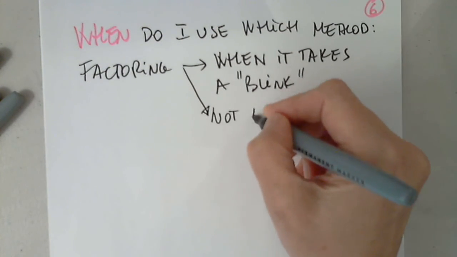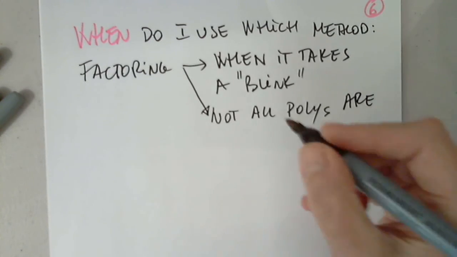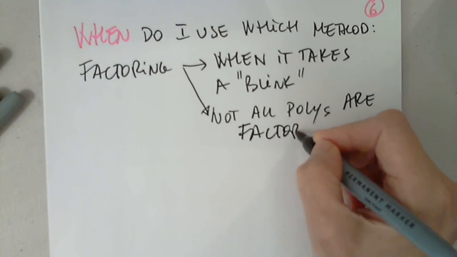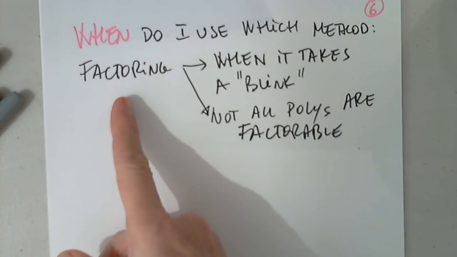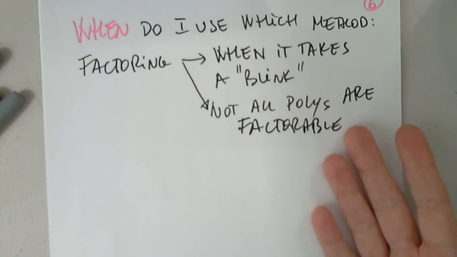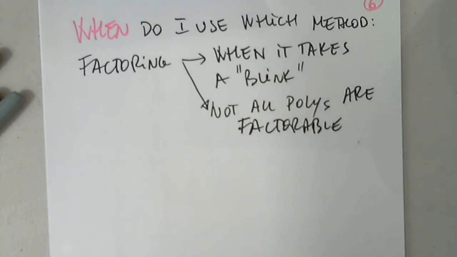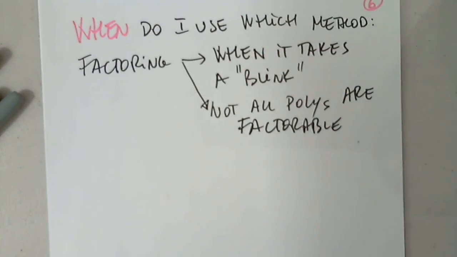Remember, not all polynomials are factorable. So this is applicable in certain situations, not always. And I will apply it unless the method is indicated to me. I will apply it only if it takes a blink, quote unquote.